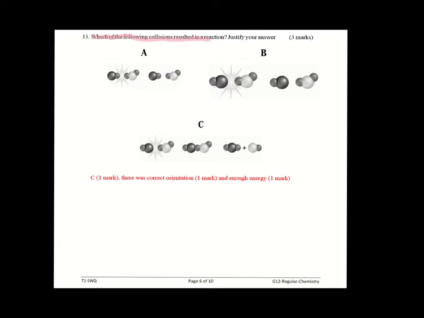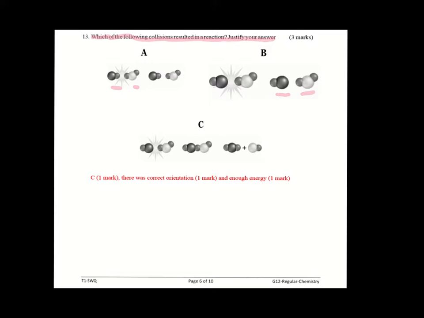Which of the following collisions resulted in a reaction? If you look at the collisions, here a collision happened in A between those two particles, and in B. But nothing happened, because after the collision the reactants stay without any change.